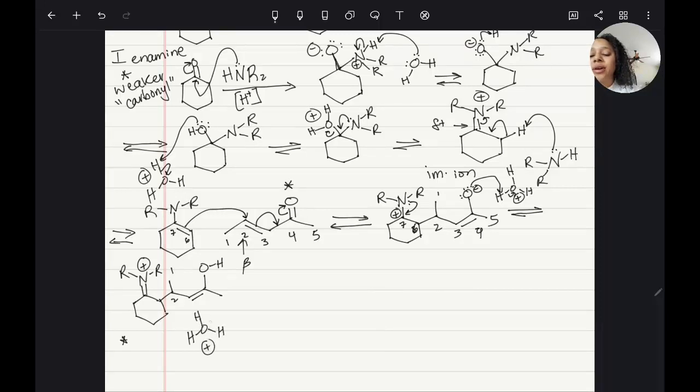I'm going to draw it the other way because again, a lot of these can be done different ways, and you can choose whatever is more comfortable for you. And then I'm going to take care of the iminium ion in a bit, but I usually do it all in one step, but I'm going to come back and show you the other side after I've done this part.